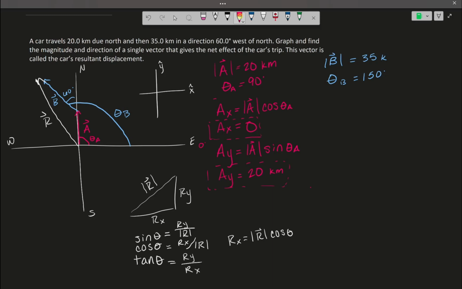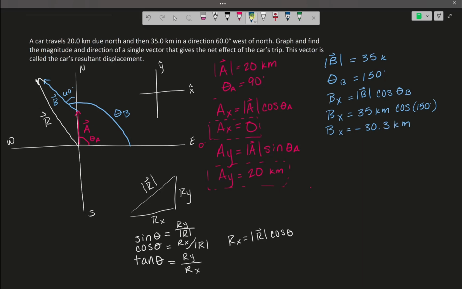I need to do the same thing with vector B, right? So the x component of B is going to be equal to the magnitude of B times cosine of the angle that B makes. This is going to give us 35 kilometers times cosine of 150, which is going to be negative 30.3 kilometers.